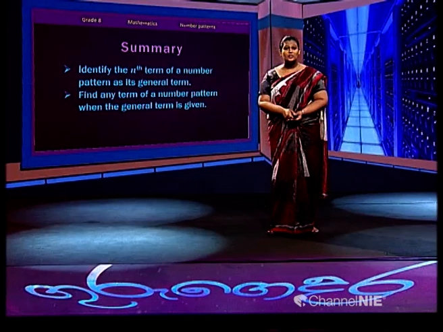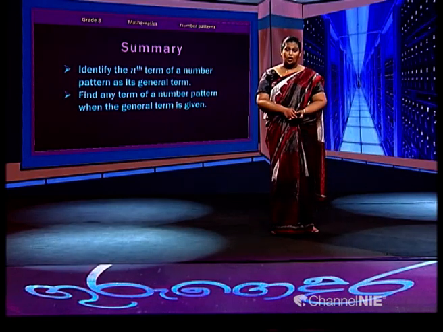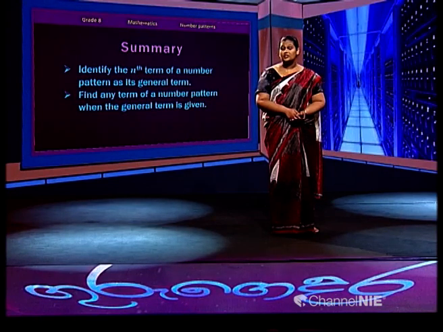Finally, we have discussed how to obtain the values of the terms using the general term of number patterns. Under that, we have discussed the number pattern of multiples of a whole number, then the number patterns of odd numbers, then the number patterns of square numbers, finally the number patterns of triangular numbers.